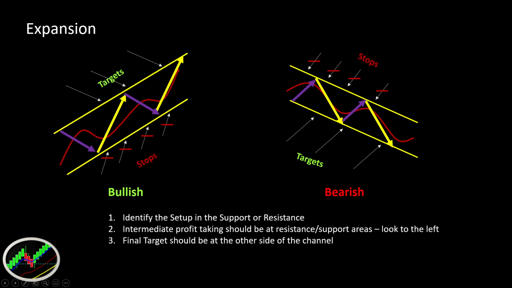The final target would be the other side of this channel, because there's a good possibility it could break, but it's also a good possibility that it will come back to get that. So you may have another opportunity to enter up here or down here.